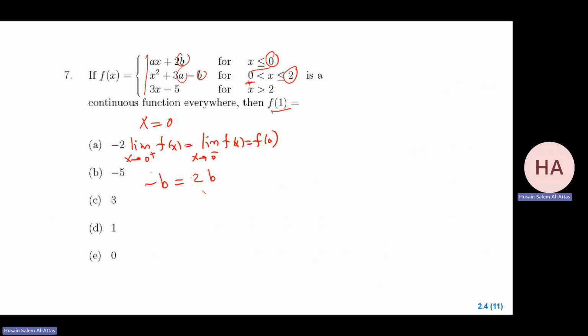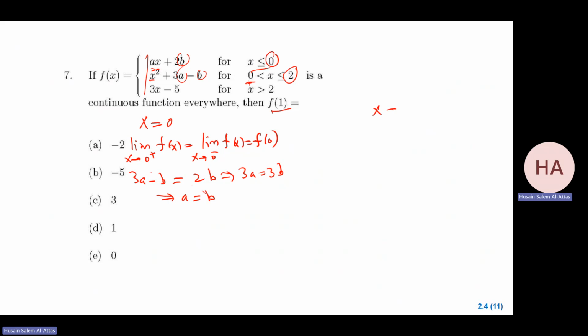From the right, I have 3a minus b, and from the left, x will be 0, I have 2b. f of 0 will be 3a minus b, just redundant, so that will give us nothing. So from here, I'm getting 3a equals 3b, or a equals b. Nice.